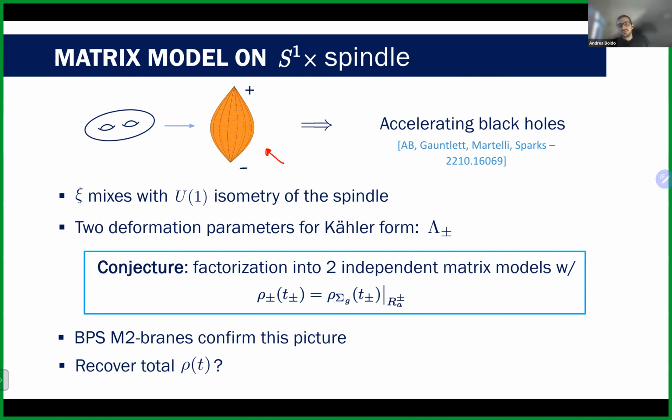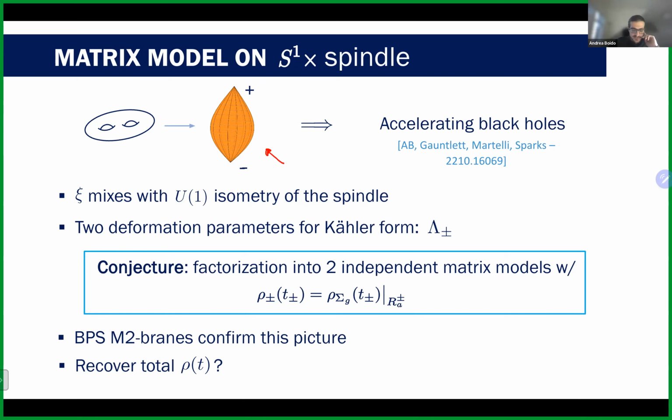You can try to apply the same ideas to that case, but that's a little bit more difficult because the R-symmetry vector mixes also with the U(1) isometry of the spindle that rotates it around its axis. Also, if you want to try to do this off-shell, an off-shell extremization of the geometry, you need to introduce two parameters for the Kahler form rather than one.